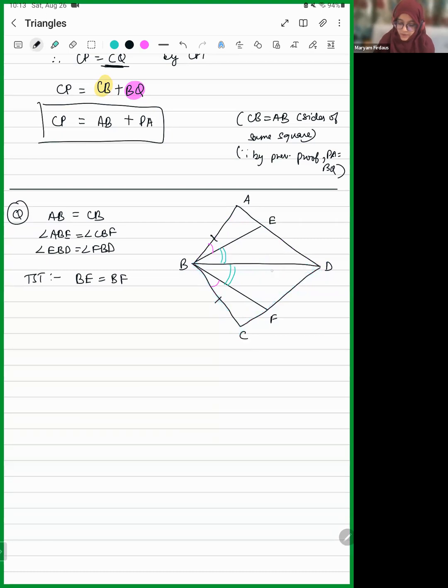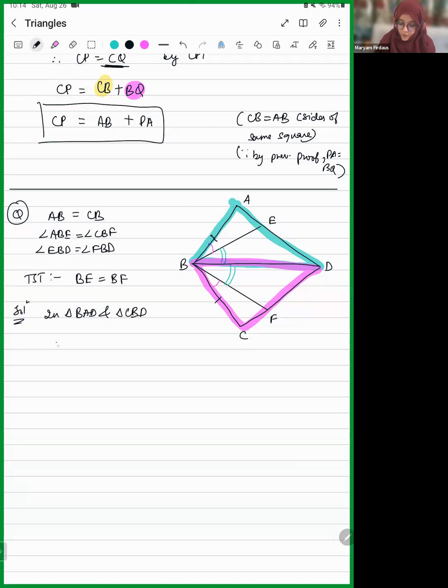Okay. So first in these two triangles, just a minute. In solution, in triangle BAD and triangle CBD.